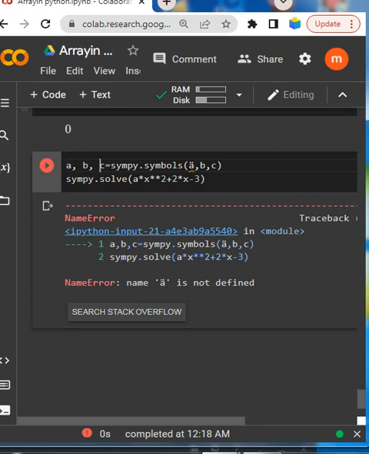Okay, and sympy.solve. But what happened? Okay, so I did not think it like that. First we move to a, and then we need to track it. Okay, so let's see.